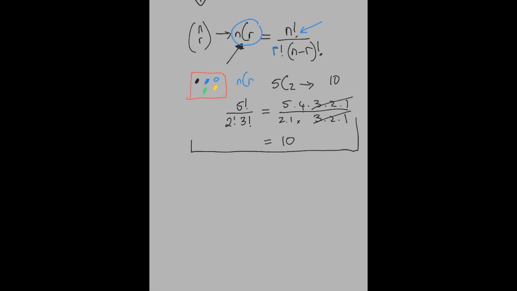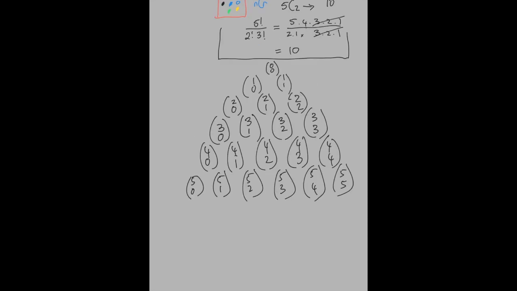But what's fascinating is that Pascal's triangle is made up of all of these binomial coefficients. So if I was to draw that in terms of binomial coefficients, this is what it's going to look like overall. So here I've got Pascal's triangle filled in with the binomial expressions up to the 5th row, which is what we were talking about before, because remember, originally we were trying to find the 5th row.